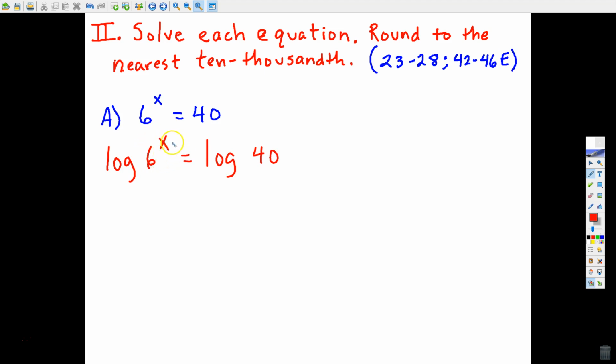You may remember that a few lessons ago, we discovered the power property. The power property says that exponents in log form can be brought down and used as factors. So I need to apply the power property. And that's going to be a repeated process as you go through this lesson.